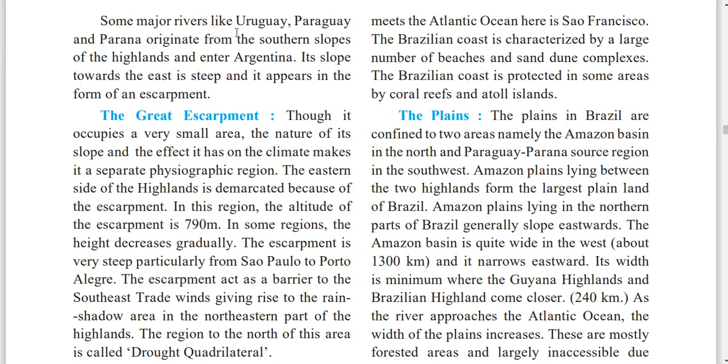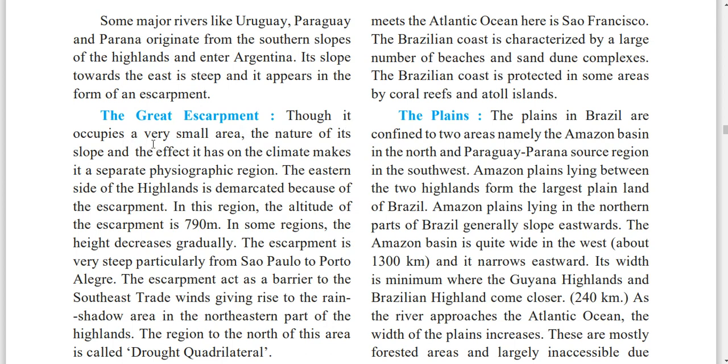Some major rivers like Uruguay, Paraguay, and Paraná originate from the southern slopes of the highlands and enter Argentina. Its slope towards the east is steep and it appears in the form of an escarpment, the Great Escarpment.